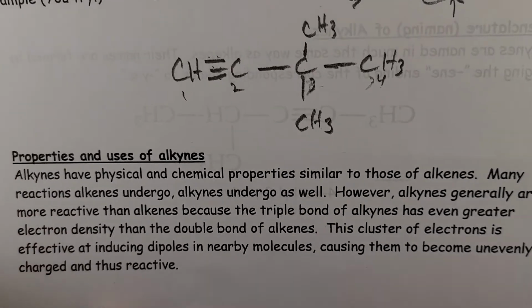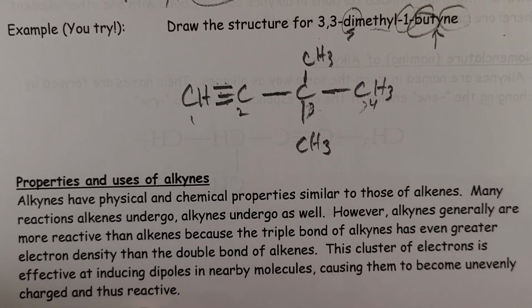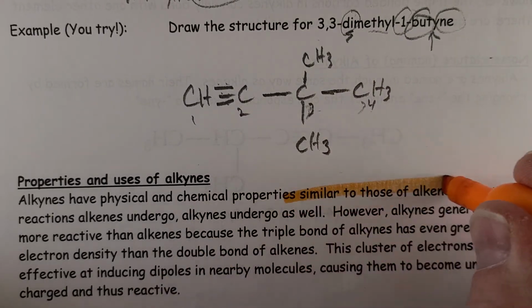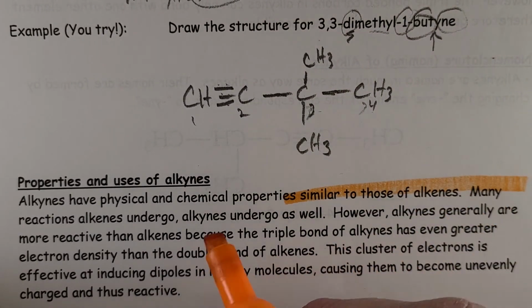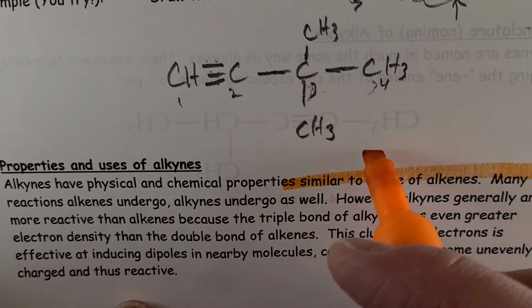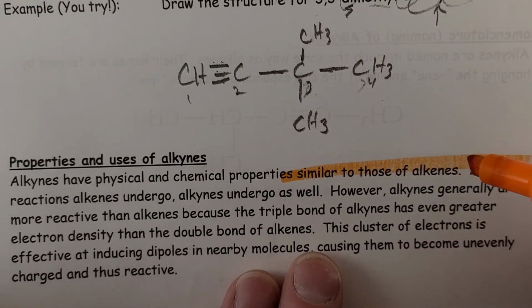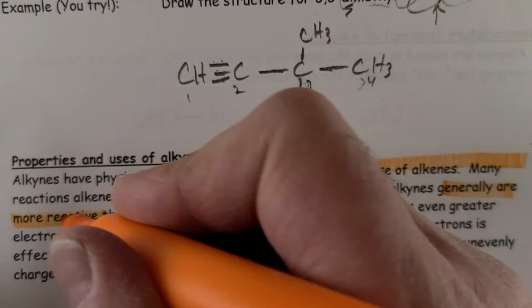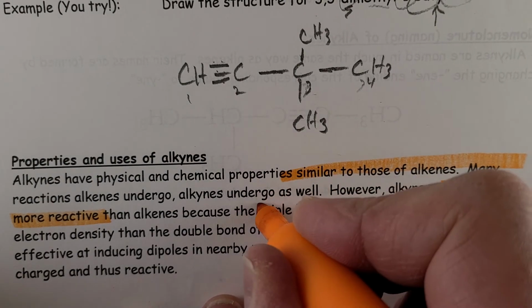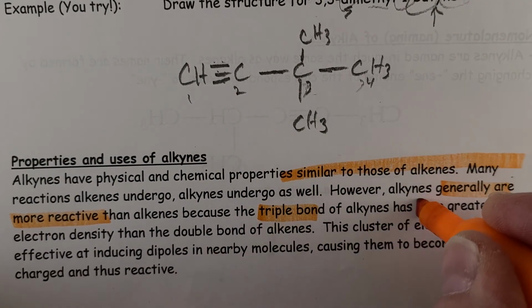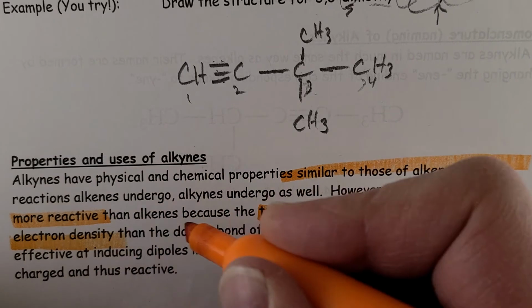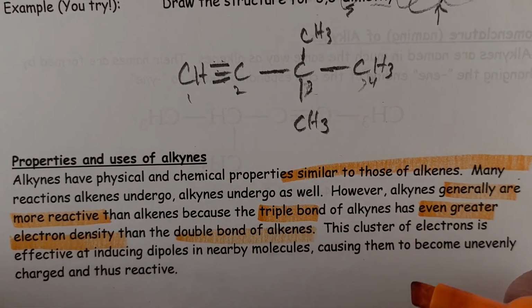All right, so properties of alkynes. They have physical and chemical properties similar to those of alkenes. Many reactions that alkenes undergo, alkynes undergo. However, alkynes are more reactive, just like I mentioned earlier. The triple bond even indicates more electron density than that of the double bonds.